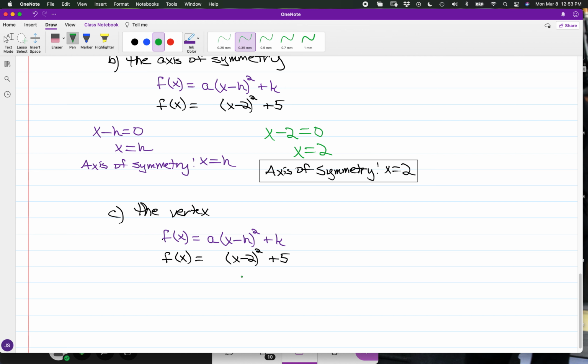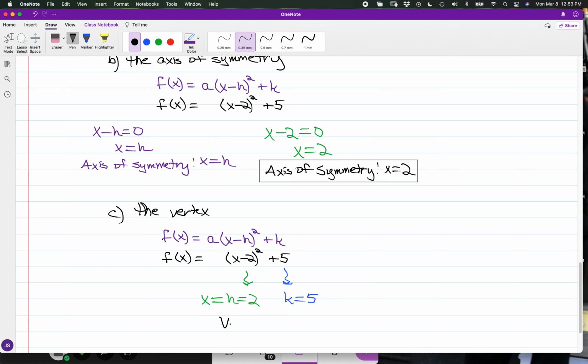Again, the axis of symmetry was at x equals 2, so in this case, taken from the page, x is equal to h is equal to 2. Now for k, we have plus k represented by plus 5, so k is equal to 5.